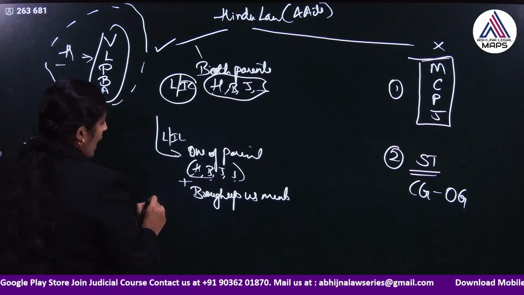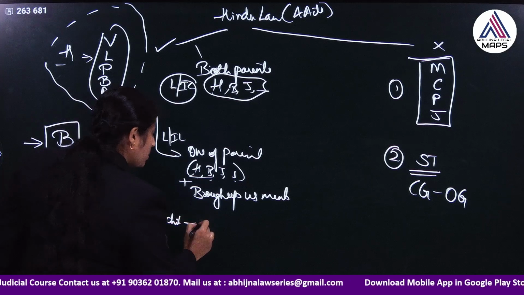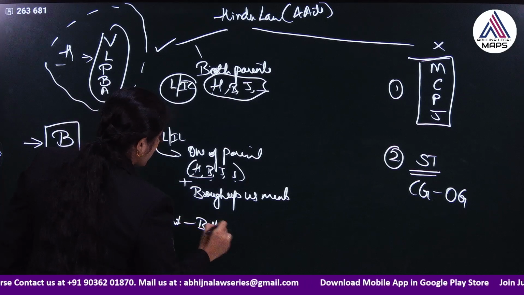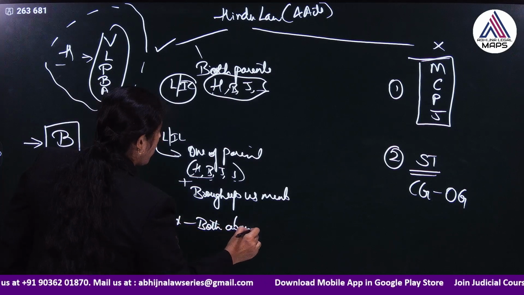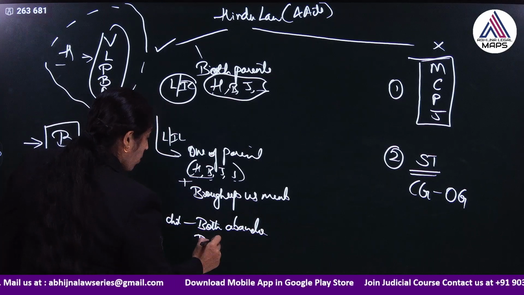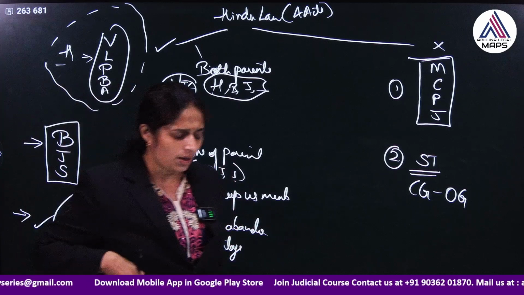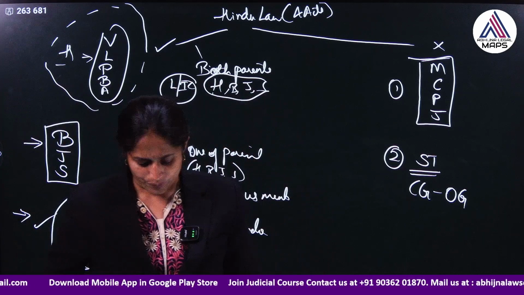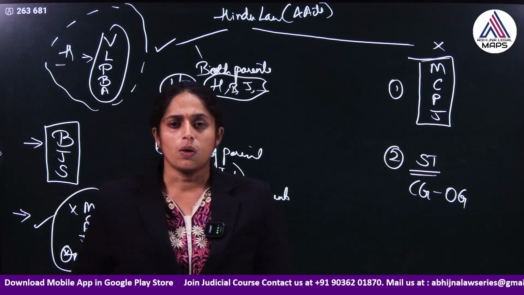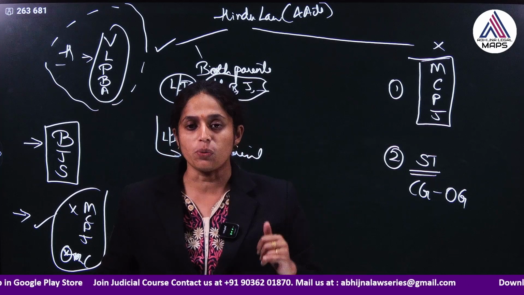And moreover, another category we see: suppose there is a child whose parents have both abandoned them, left the child and gone, or the parentage itself is not known. One child is found in garbage sometimes, we hear such news, right.